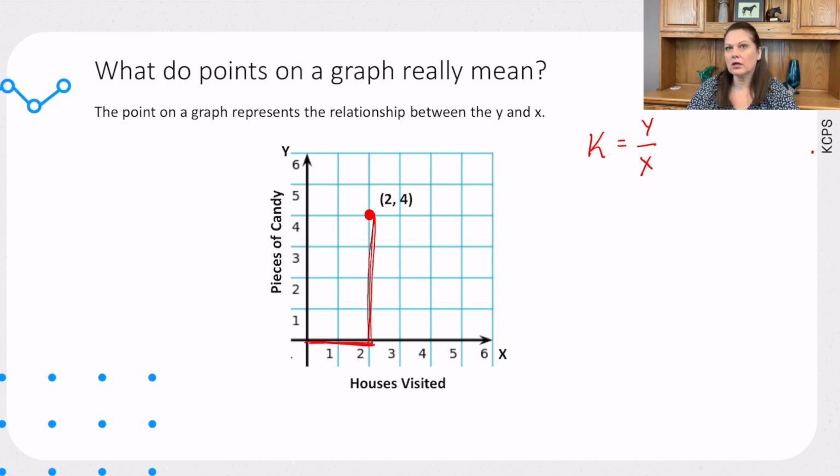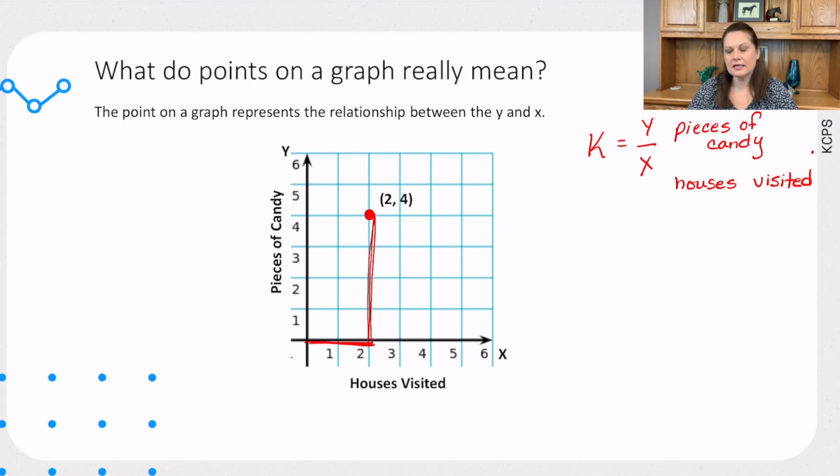To get that, we're going to look at the labels on our axes. You'll notice the y is vertical, so that is going to be the pieces of candy. The x, if you look at its label, is going to be the number of houses visited.